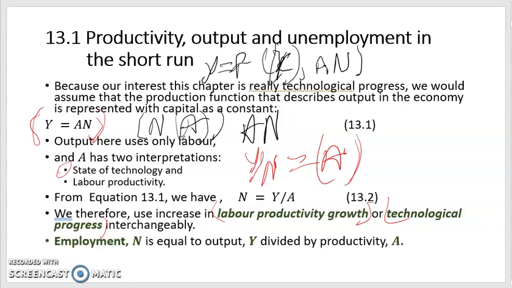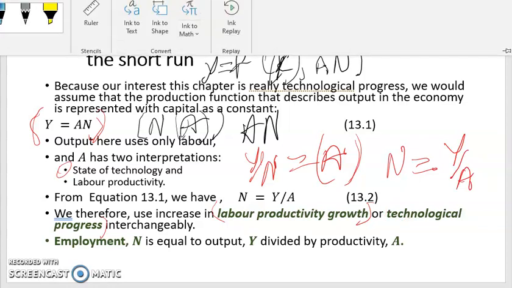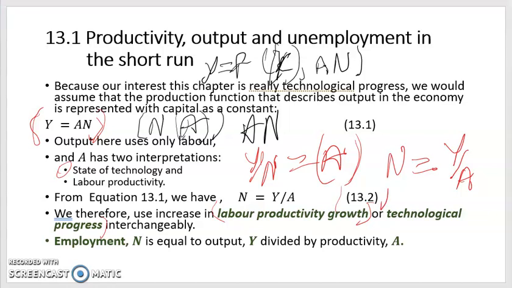If output per worker is A, then what is employment, N? N is equal to output divided by productivity. We can refer to this as equation 13.2.